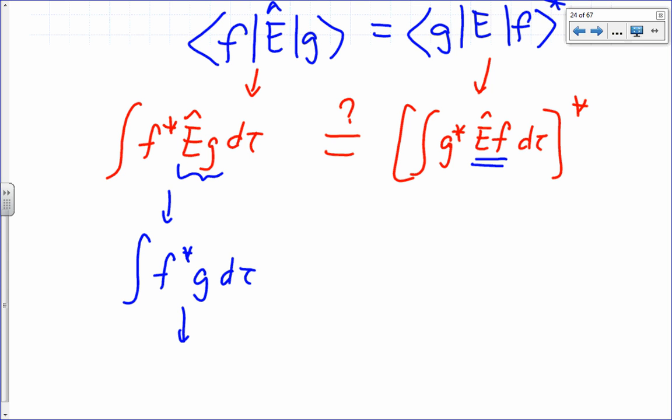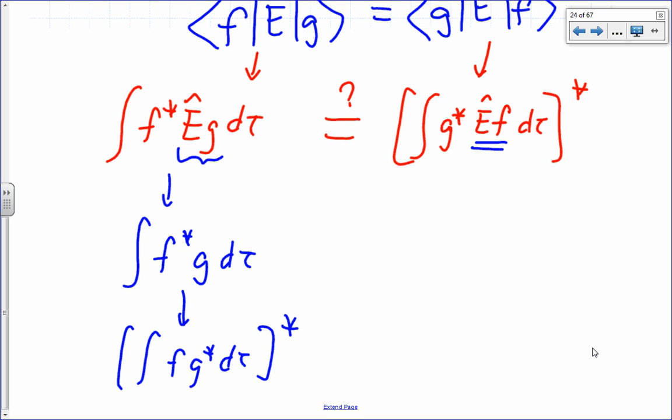And I want it to go with my e. So this is gonna be integral of f g star d tau, star. You still with me? Okay. F star, and then g star star is g.